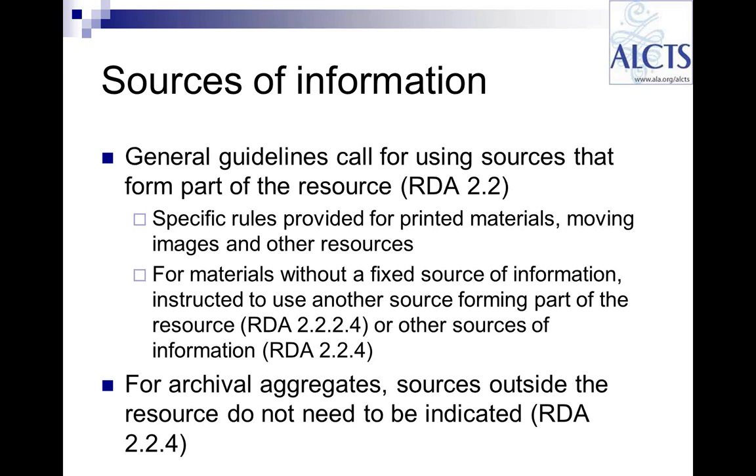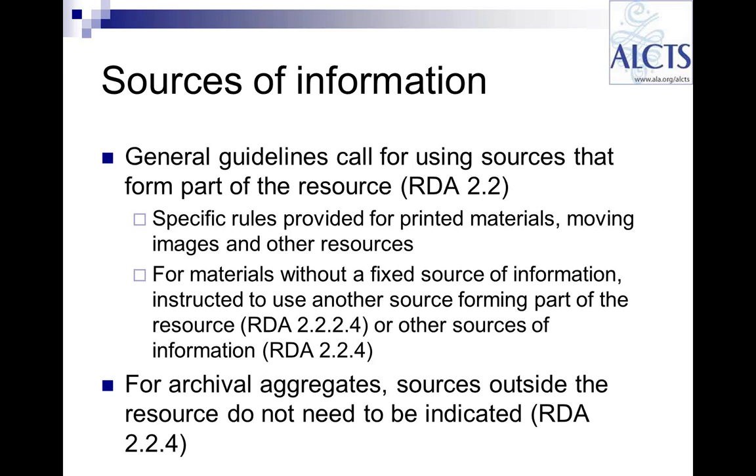It's worth pointing out too, though, at the beginning, that in making these descriptions, we'll be able to take our information from a broader range of sources than with traditional monograph cataloging.